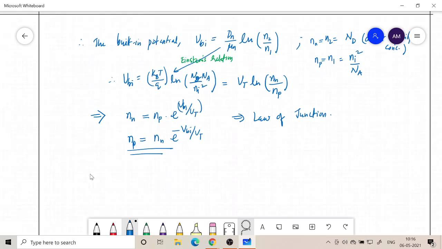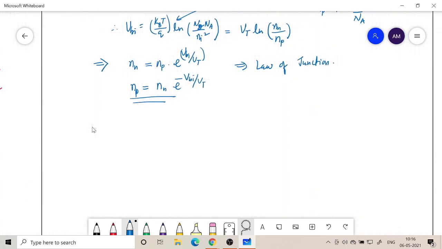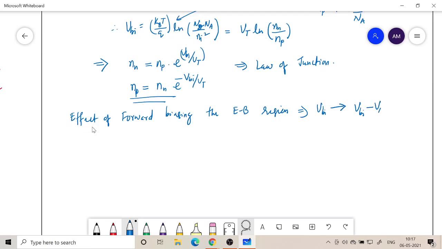So after the forward bias, what is the effect of forward bias? The effect of forward biasing the emitter base region: when there is no bias, we had a built-in potential. So VBI will now go to VBI minus VBE, the base emitter voltage.